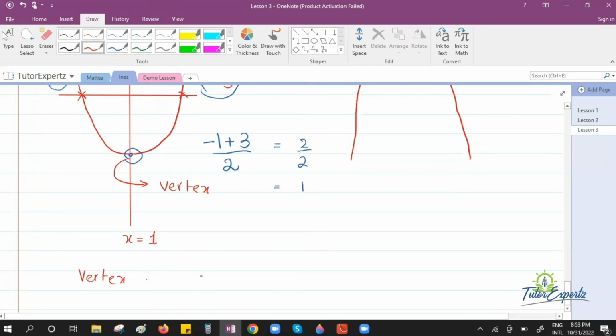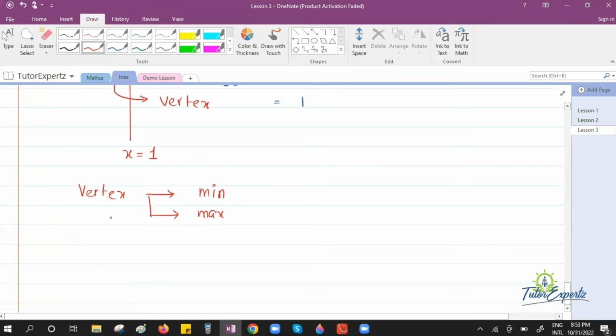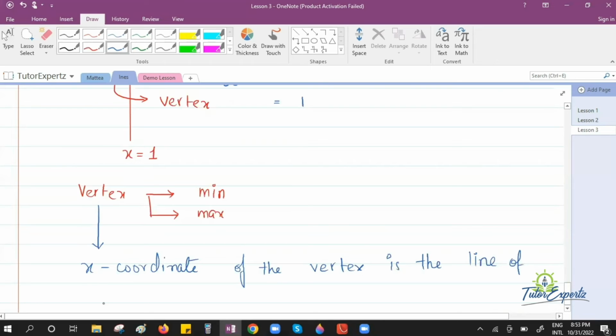Vertex was either your minimum point or your maximum point, and the x coordinate of the vertex is the line of symmetry. Okay, we have already discussed this.